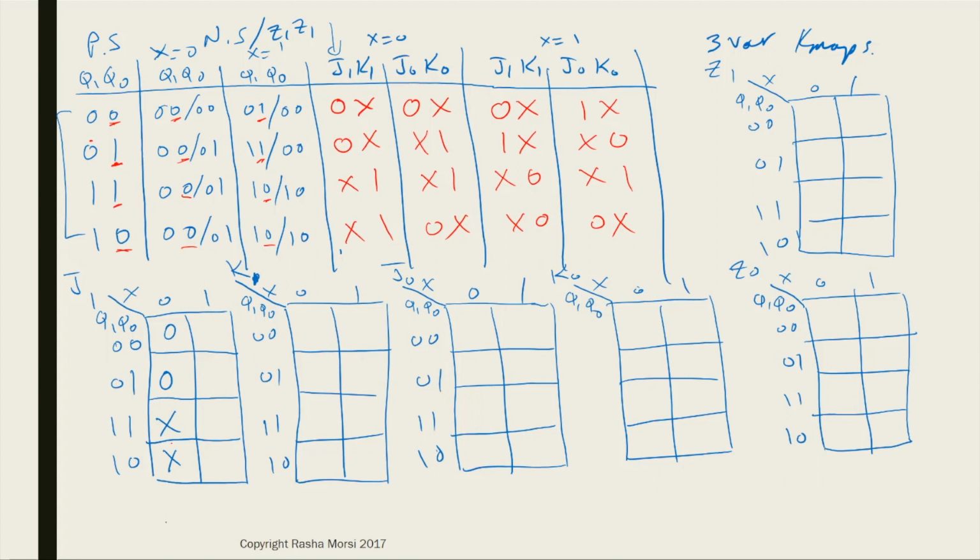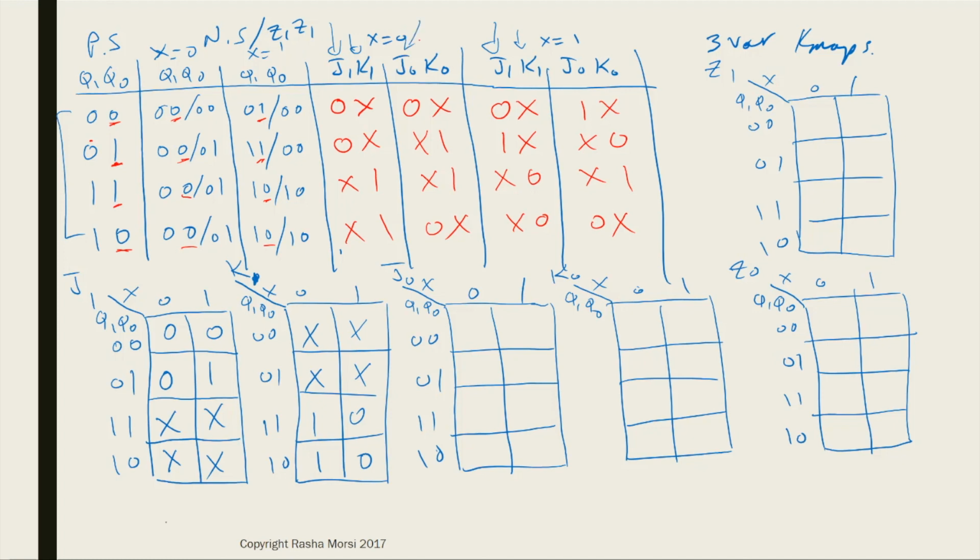So for x is 0 for J1, you have 0, 0, don't care, don't care. And for x is 1, we look at that column and the inputs are 0, 1, don't care, don't care. And then we look at K1, and then again for x is 0, we have don't care, don't care, 1, 1. And for x is a 1, we have don't care, don't care, 0, 0.